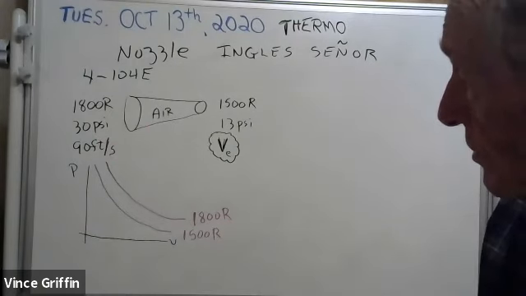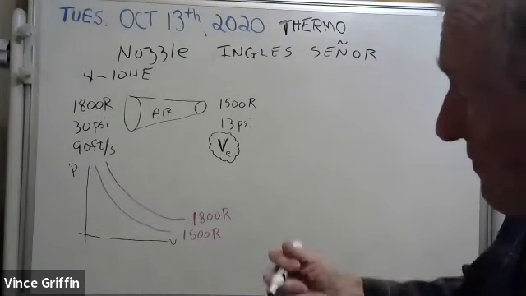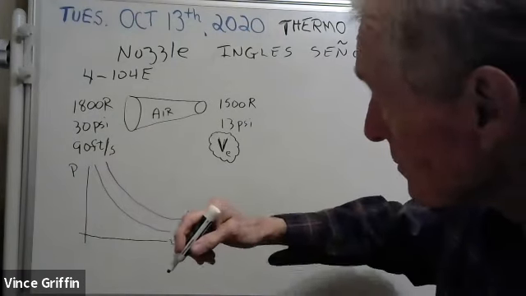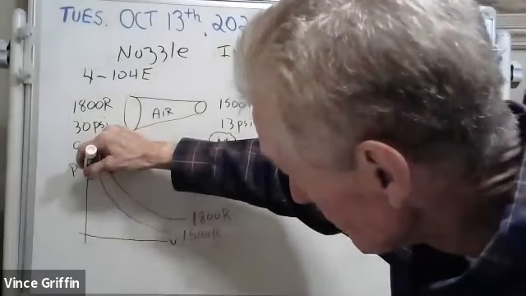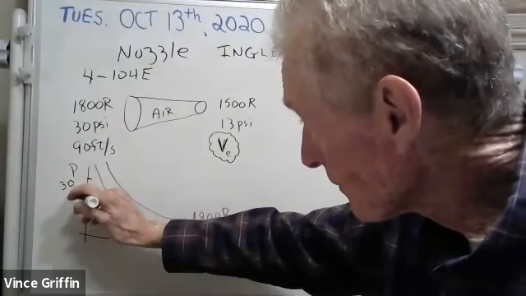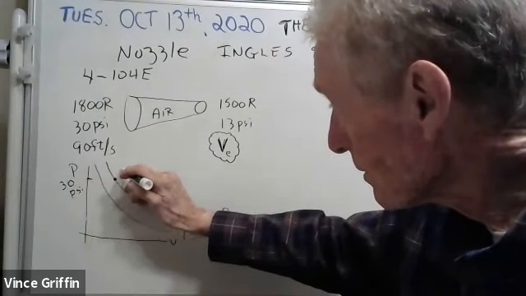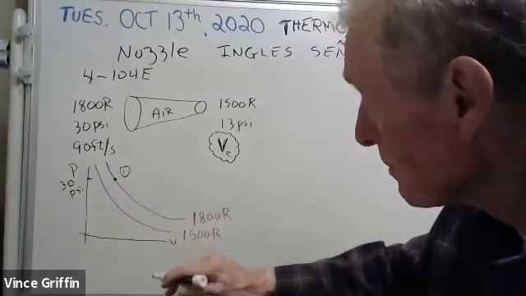Now the pressure goes from 30 to 13. So let's say 30 is here, okay? We're located right here, call that state 1.